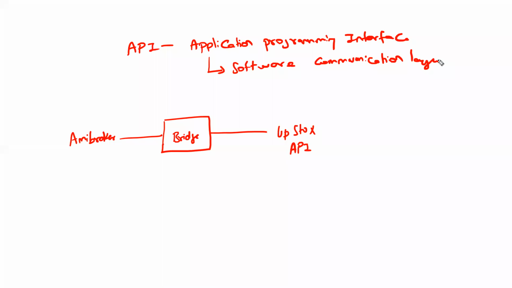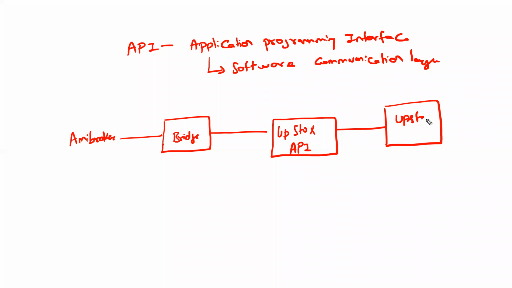So in my case, what I'm doing here, I'm sending orders from Amibroker. Amibroker doesn't know how to place orders. So we need a format to place the order. That format is what the Upstox API is all about. The API provides a provision so that Amibroker can communicate to the API, because Amibroker cannot send orders directly to the Upstox server.